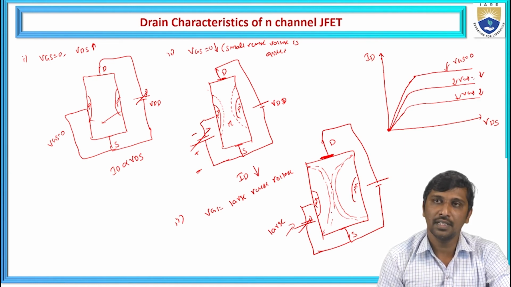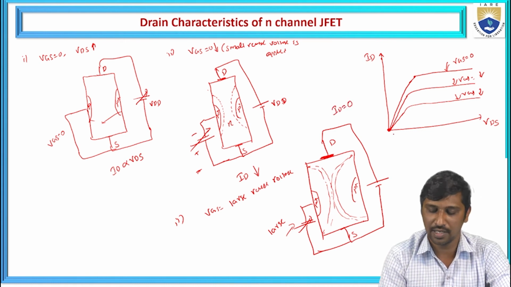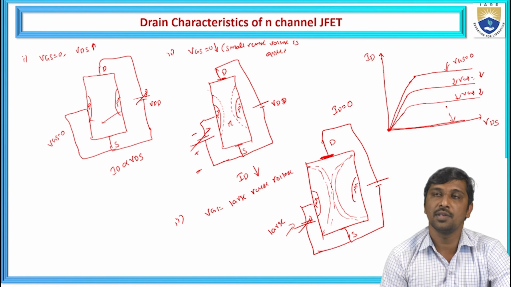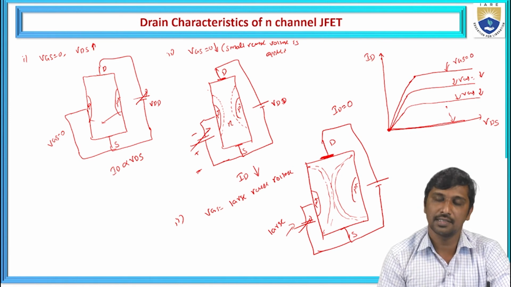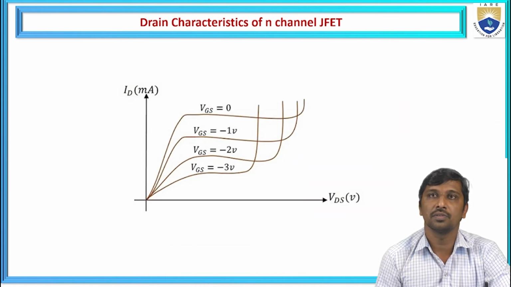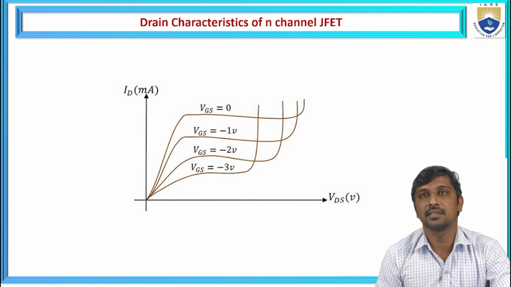If there is no movement of charge carriers from source to drain, we can say that the drain current is 0. So at a very large reverse voltage, the drain current becomes the minimum, 0, and that state is nothing but a non-conducting state.